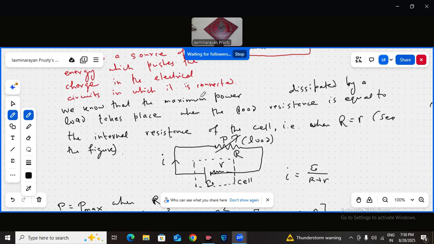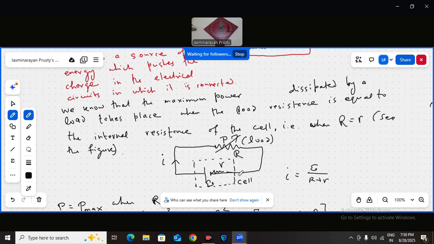We know that the maximum power delivered by a load takes place when the load resistance is equal to the internal resistance of the cell. This is the cell. It has an EMF source and the internal resistance.